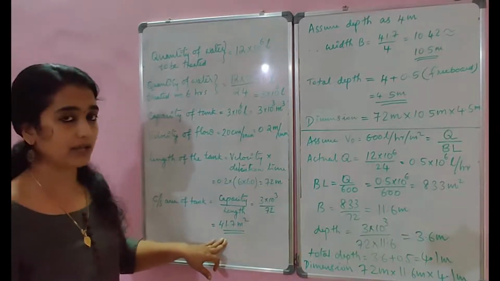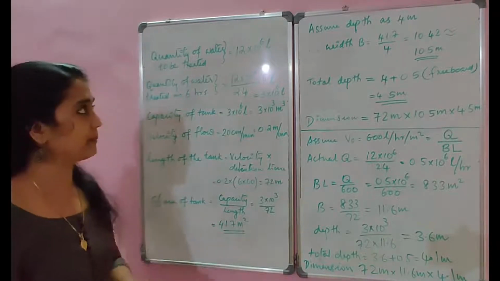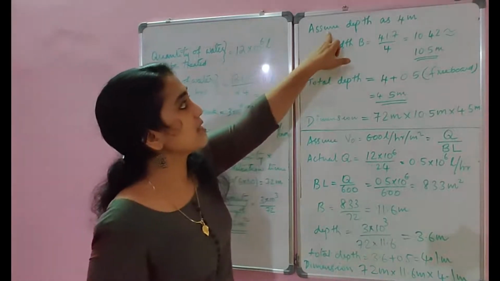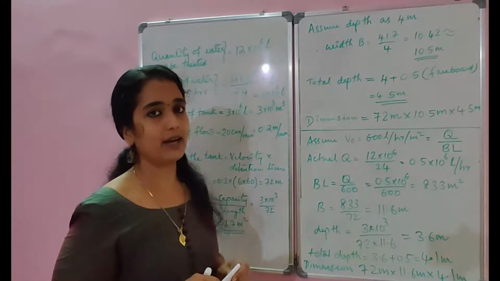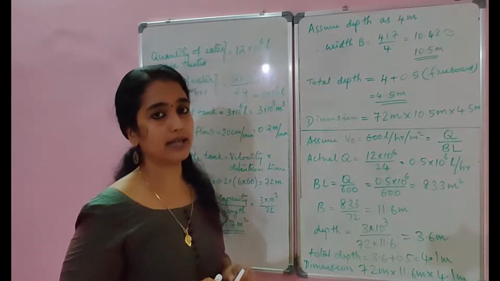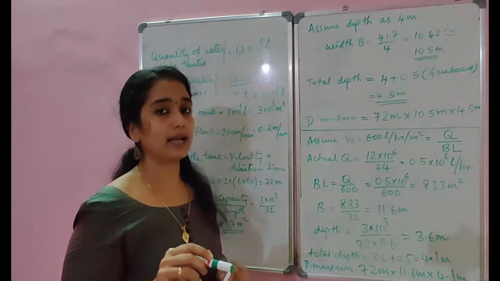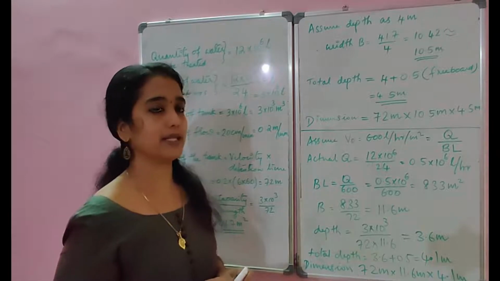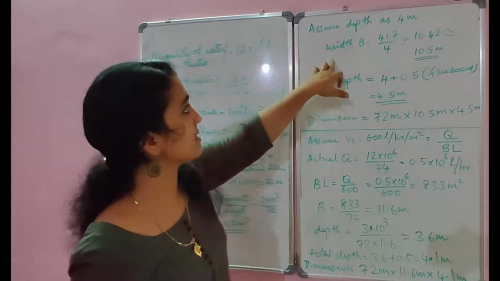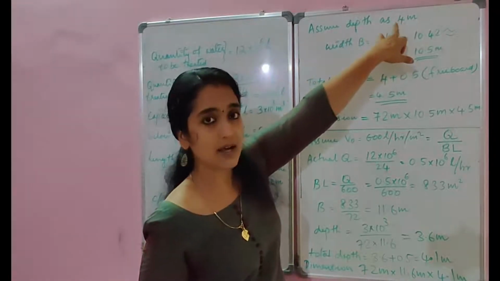Then we have to calculate the breadth and depth of the tank. Assume the depth as 4 meter. In the design criteria, we have already seen that the depth of the tank is assumed from 1.8 meters to 6 meters. Here we are accepting a value of 4 meter.